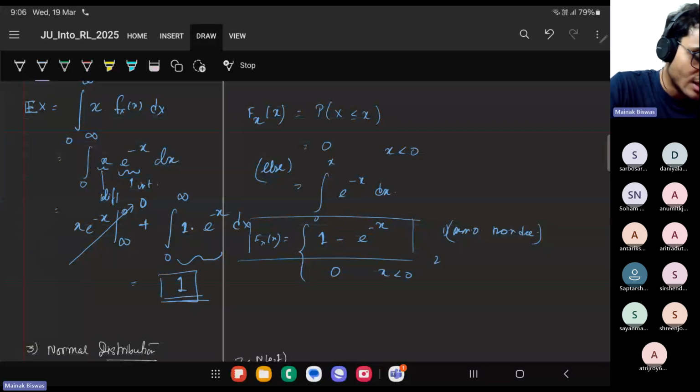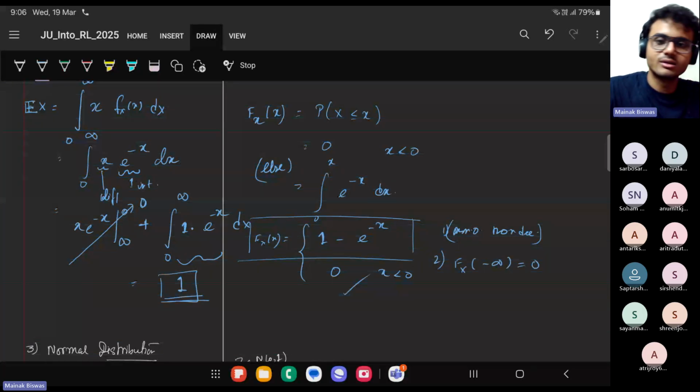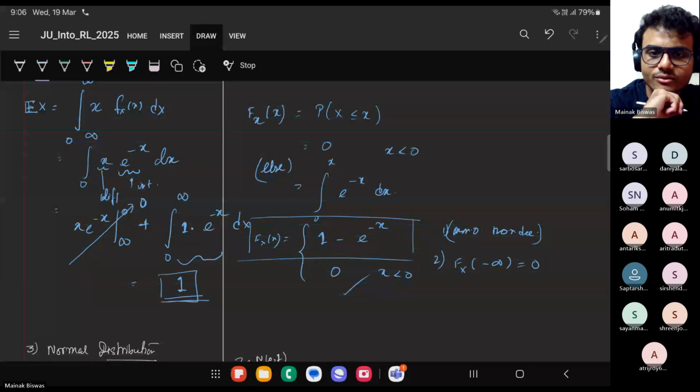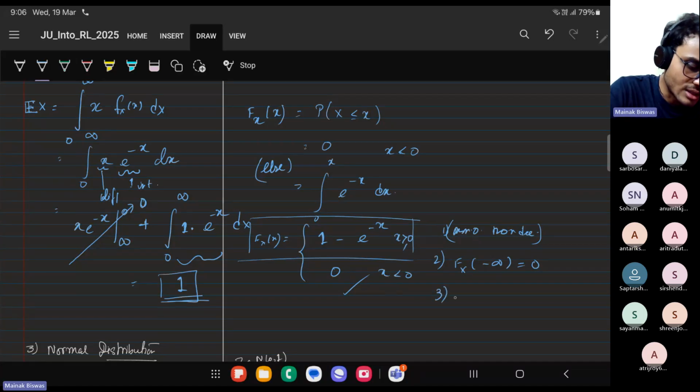The second property is F of minus infinity has to be 0, which is satisfied here, right? And the third property is F of infinity is equal to 1. So let us draw this graph.